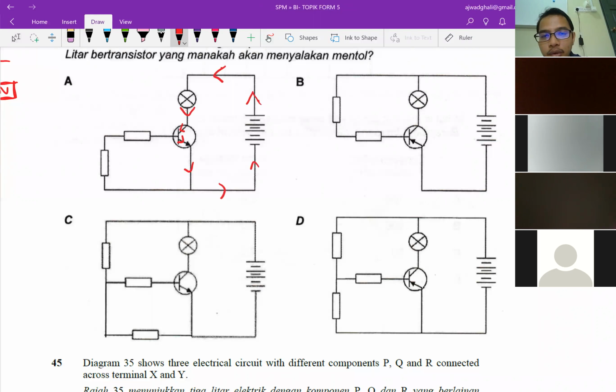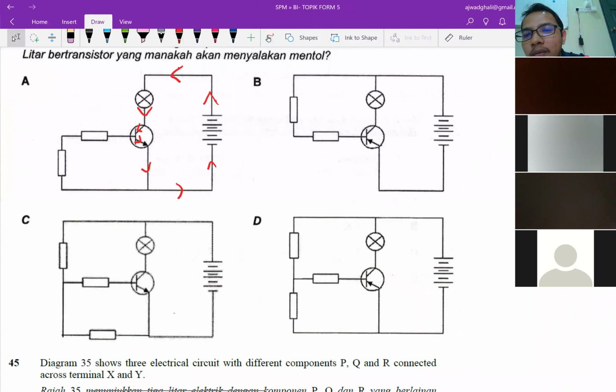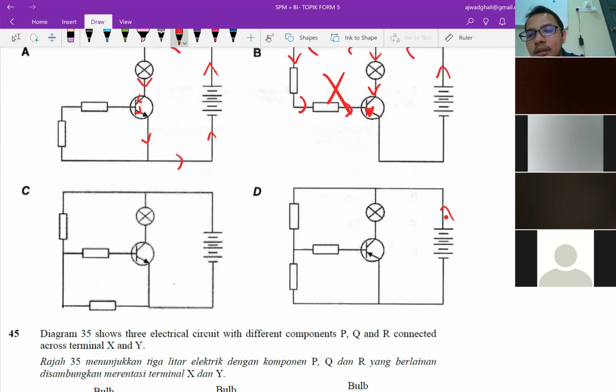Wait, we go to B. So B, current flows to the top, flows here, and flows here. But this is against the arrow. The current flows against the arrow, so this one is wrong. For D, this one, this one, this one, current against the arrow, so this one also cannot.